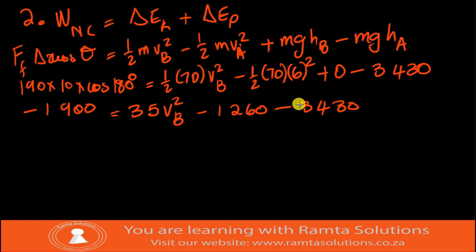So our answer is, let me see, negative 1,900 plus 1,000.